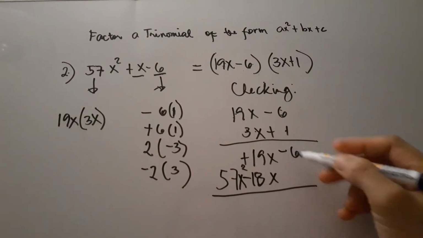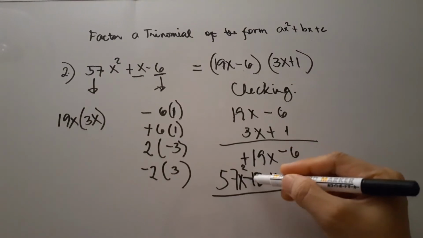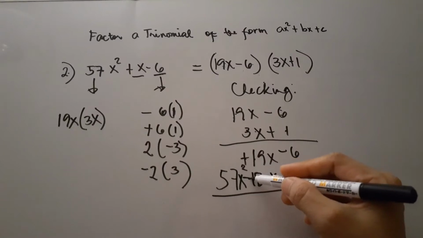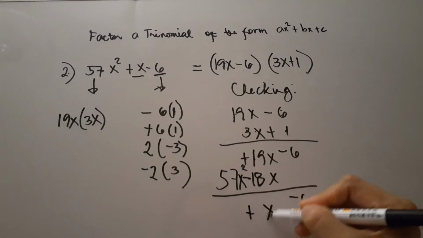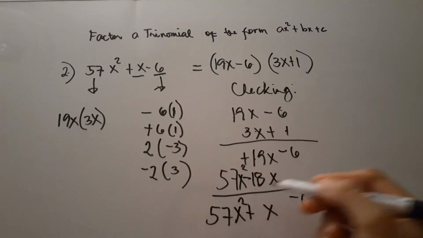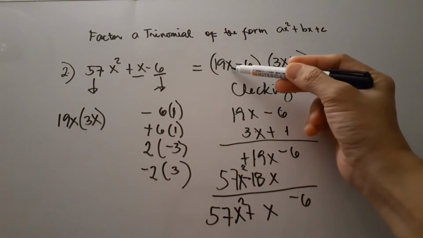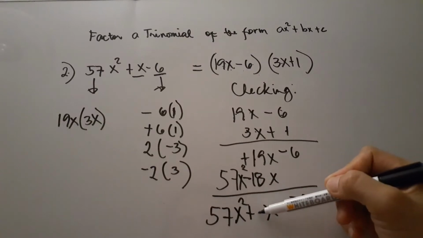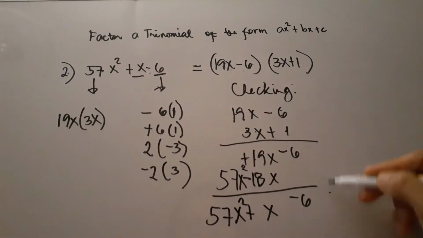Then bring down negative 6, positive 19x and negative 18x. Remember that the largest value is 19, so we use positive. Then subtracting, 19 minus 18 becomes x, and copy 57x squared. And our factors 19x negative 6 times 3x positive 1 are correct.